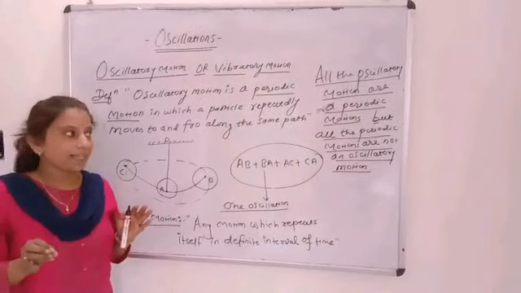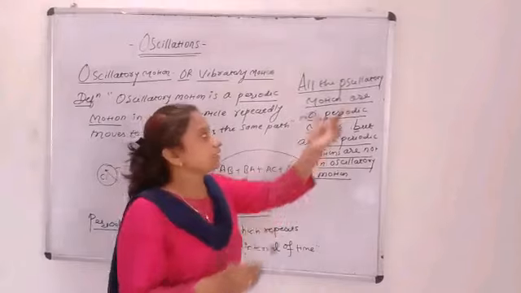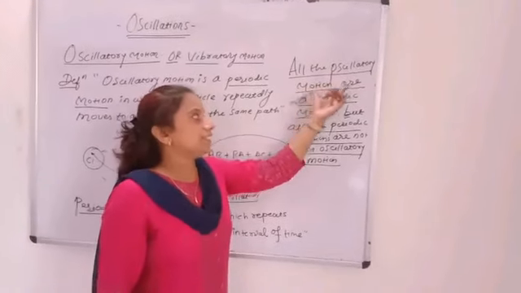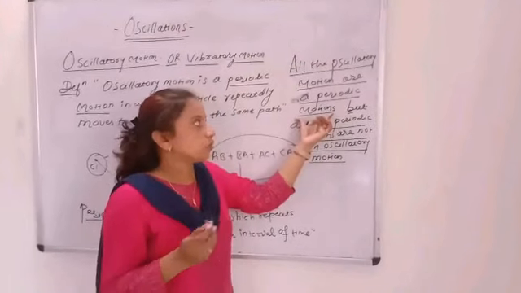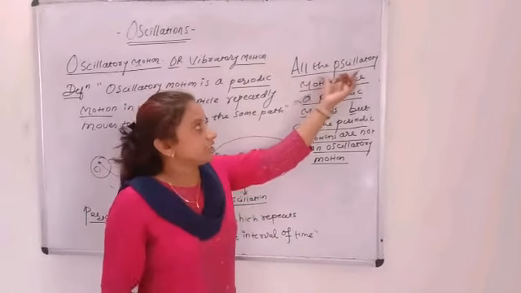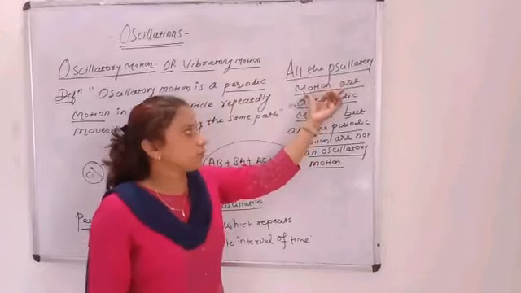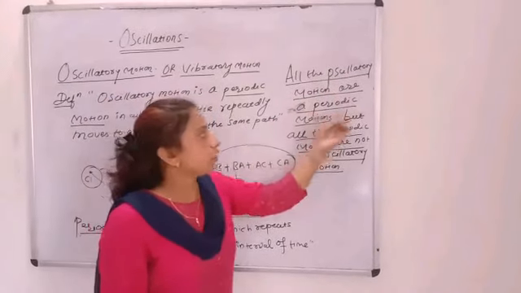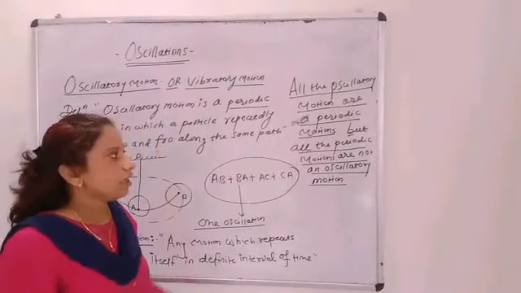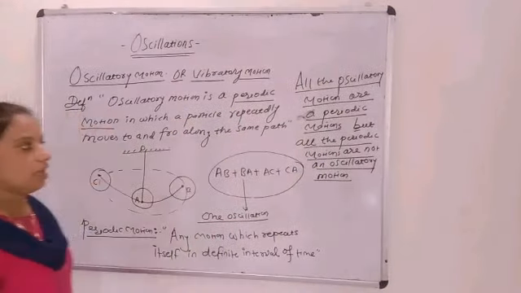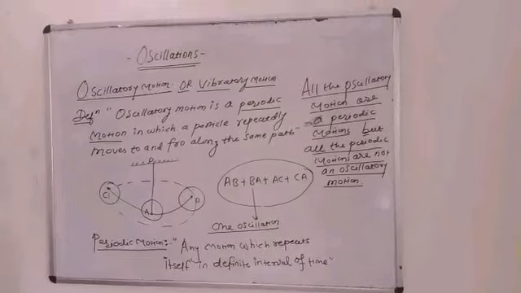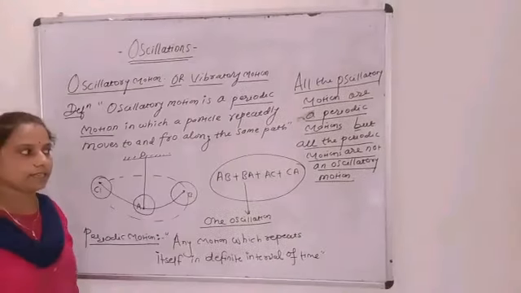In all these cases, these are oscillatory motions, means that is the periodic motion. So I will say that all the oscillatory motions are periodic motions, but all the periodic motions are not oscillatory motions. Why are all the periodic motions not oscillatory motions?